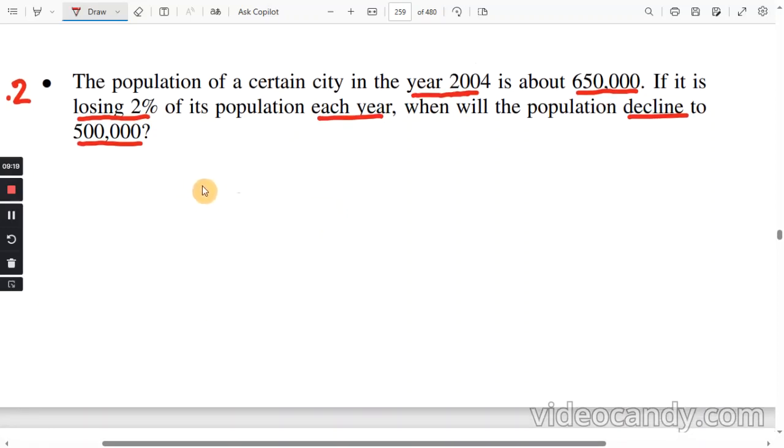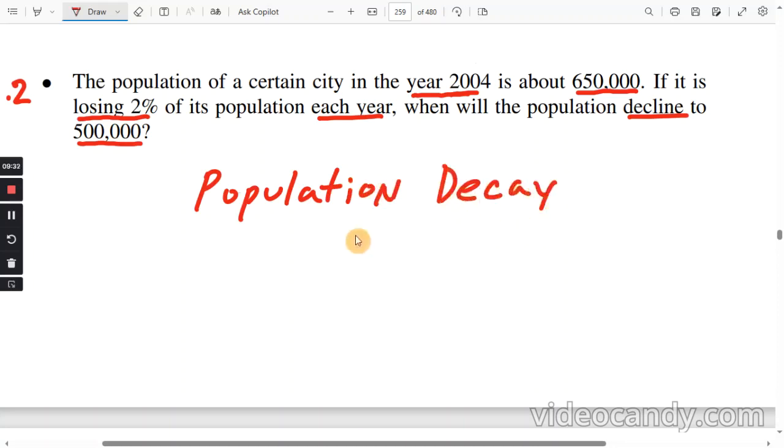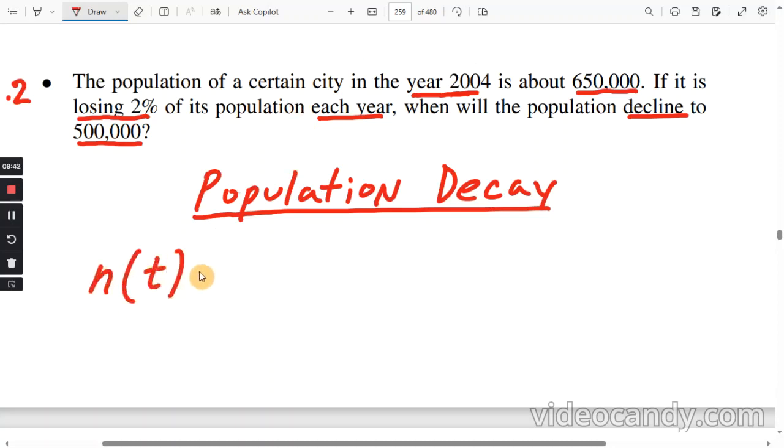All right, so this is a population decay. I know you don't generally use the word decay with people, but that's what it is. It's declining. It's a population decay. So it's the same formula that we just used, except the exponent is negative. N of t equals n sub 0 e to the negative RT.